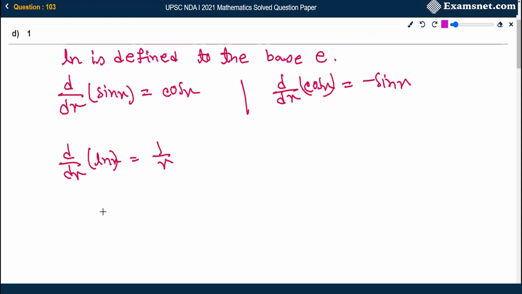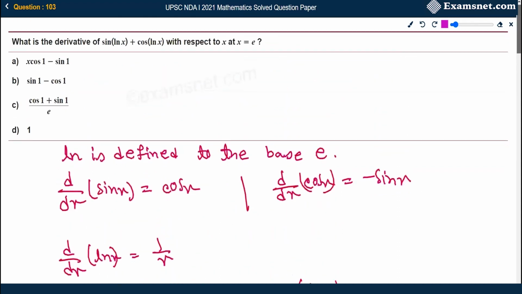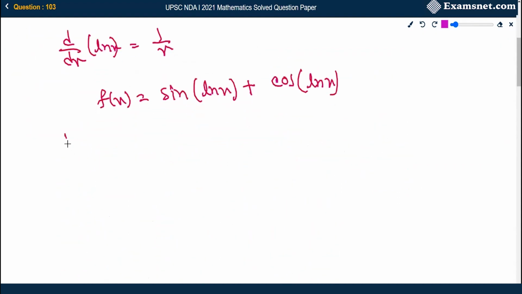Now here the function is given, sine ln x plus cos ln x. Let's start solving d/dx of f of x. First we will differentiate sine ln x. Listen to me very carefully. First I will treat it as sine theta, where ln x is the theta right now.